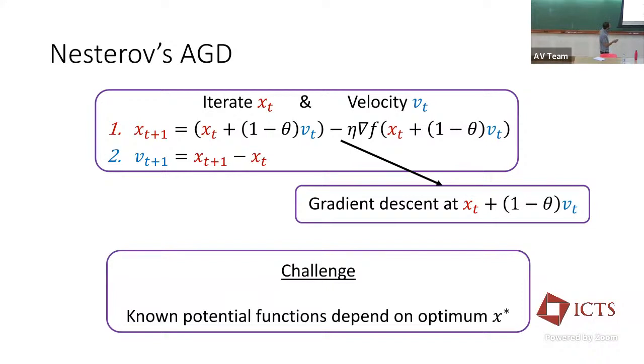So yt is xt plus 1 minus theta times vt, and xt plus 1 is precisely the gradient descent step at yt. And vt, which we call velocity, is keeping track of the rough direction that my iterates are moving in. Initially my iterate was xt, now it's xt plus 1. So vt plus 1, the velocity, is just the direction from xt to xt plus 1.